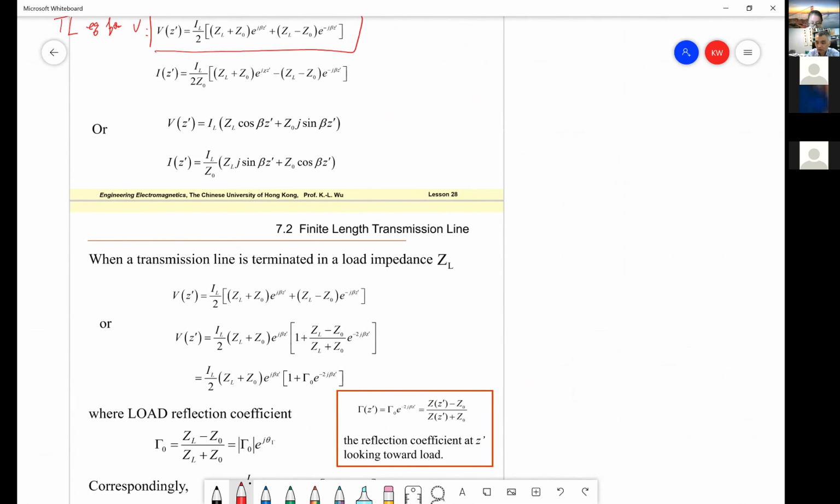The sum equation, the voltage sum equation. This is constant. This has nothing to do with distance. I take it out. So once I take it out, the second term, I have to divide this, right? Then this is not new, right?